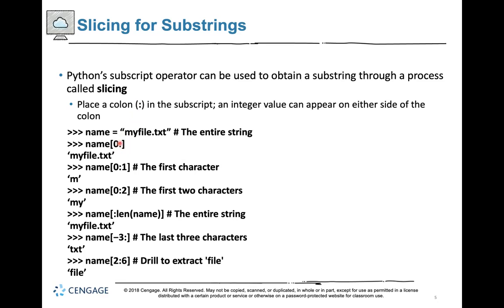So the number before the first colon is the start index, at 0. And then the number after the colon is omitted. That will be basically the length of the string. So this will give you the whole string. And in fact, it's just equivalent to making a copy.